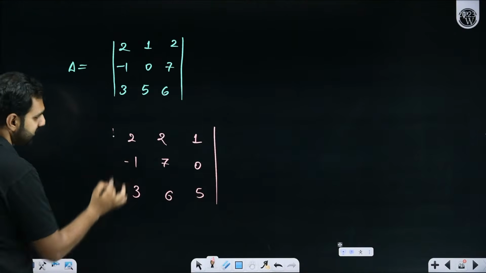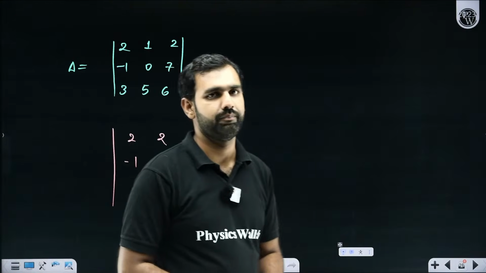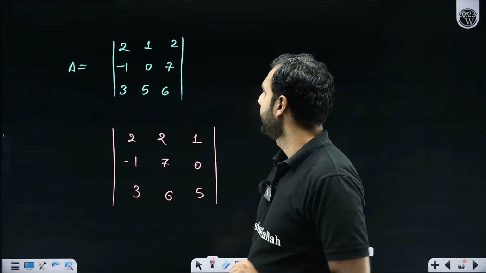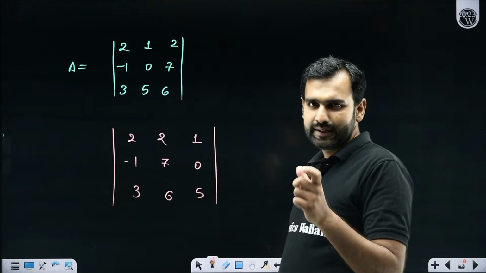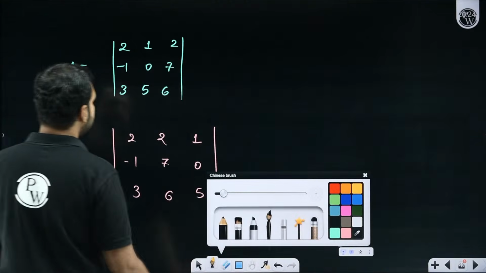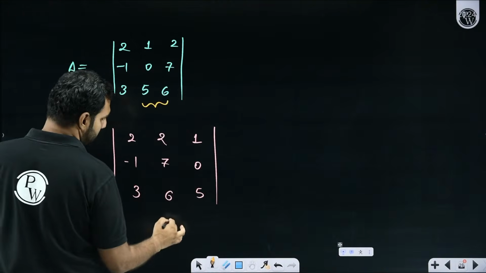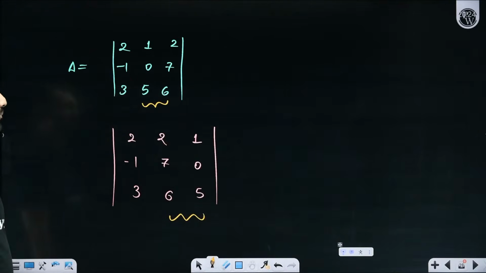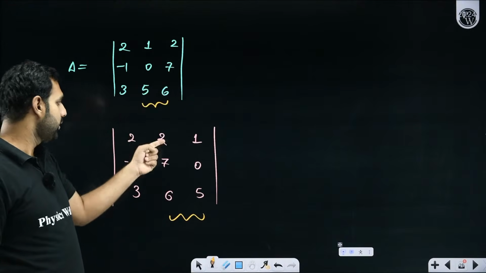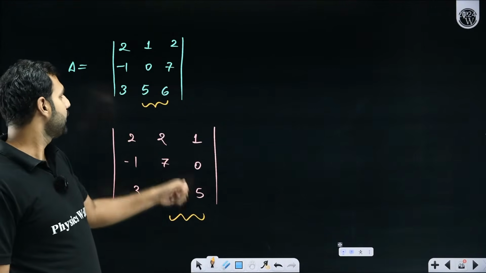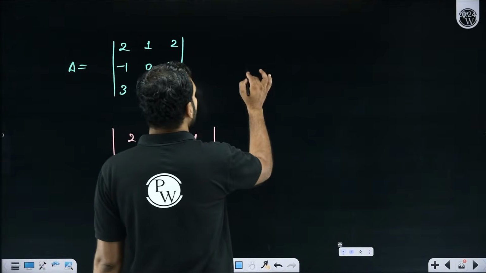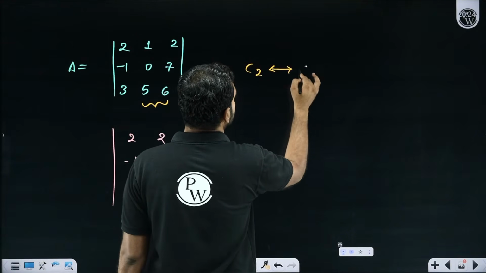If I ask you the value of this determinant, most of you would say, sir, they look almost identical except for one change, where the second column and third column are interchanged. In place of the second column, I have written the third column 2, 7, 6. In place of the third column, I have written the second column 1, 0, 5. So I have performed an operation where I have interchanged column 2 by column 3.